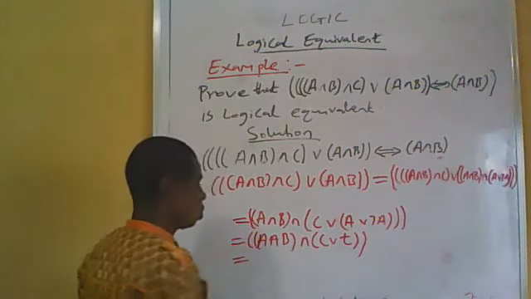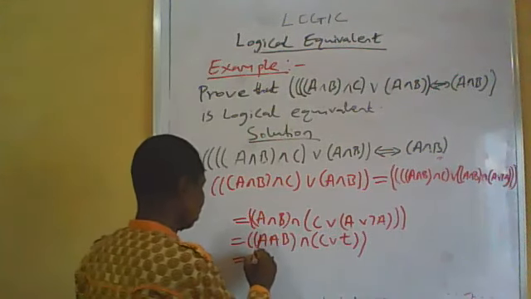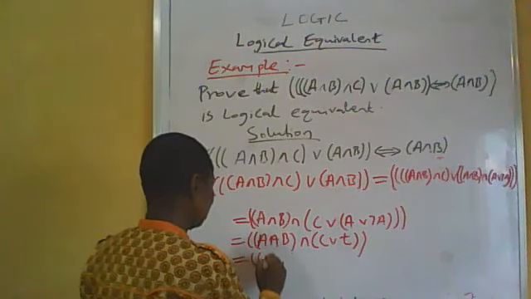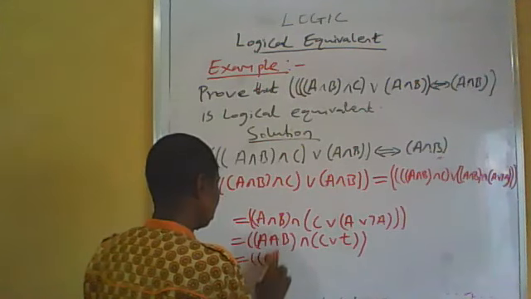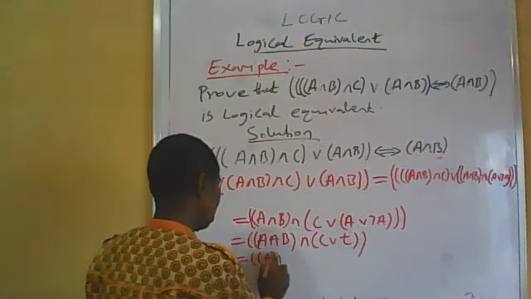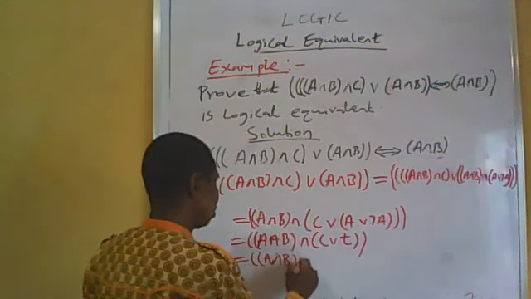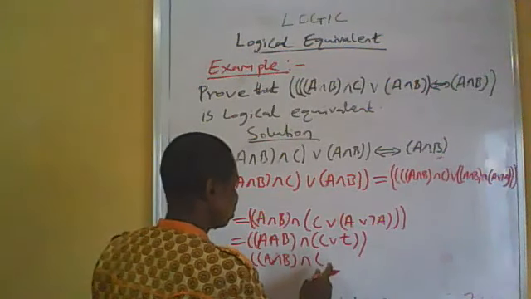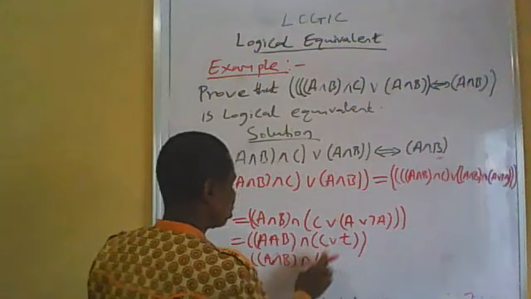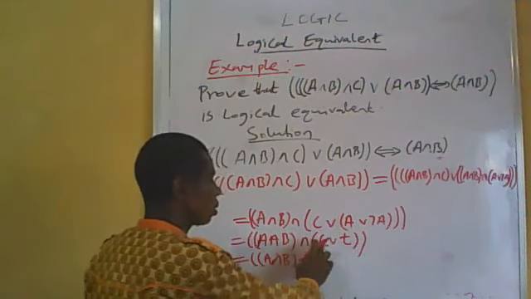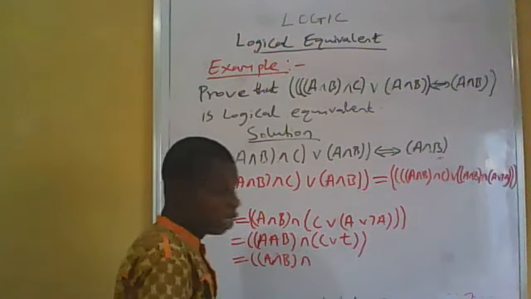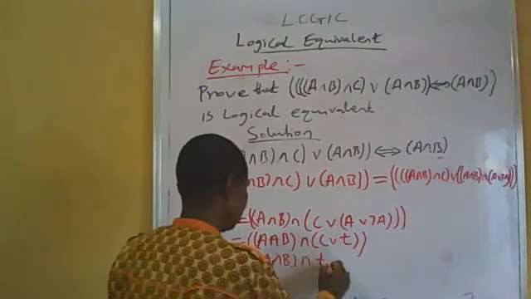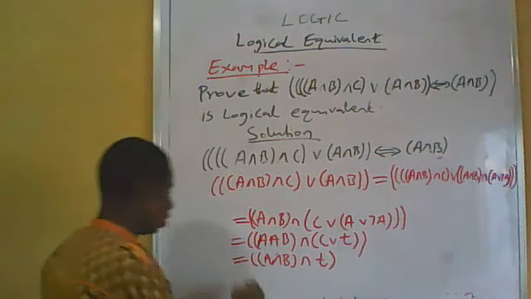Is equal to A and B, and this is C or T, which is T. Very good.